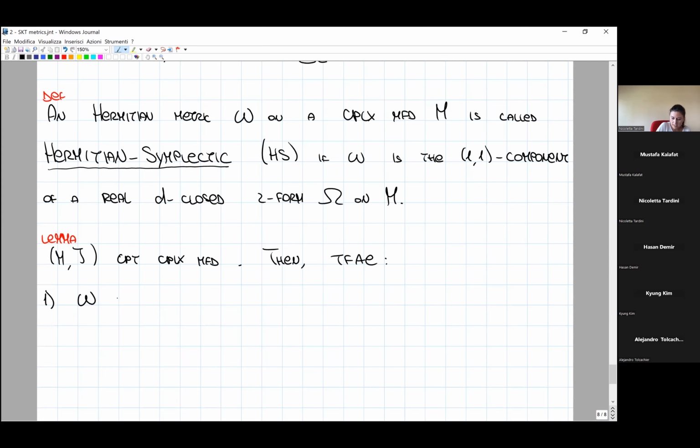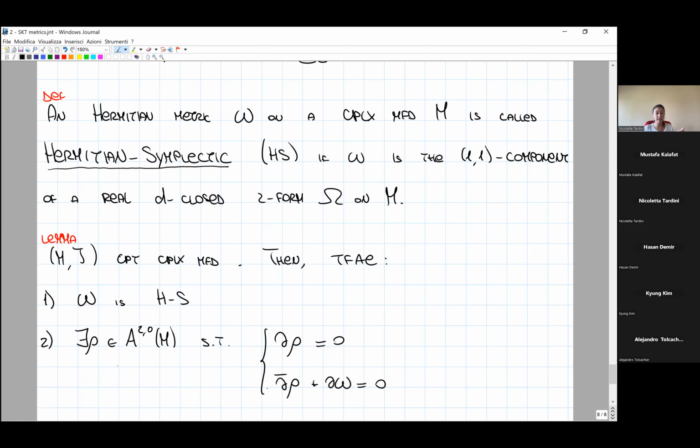First of all, omega is Hermitian symplectic if and only if there exists a rho, a 2-0 form on M such that del rho equals 0 and del bar rho plus del omega equals 0.